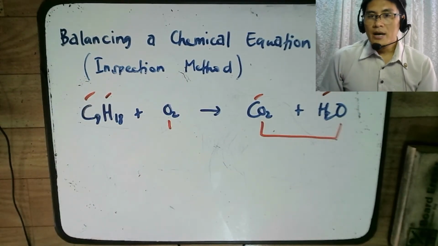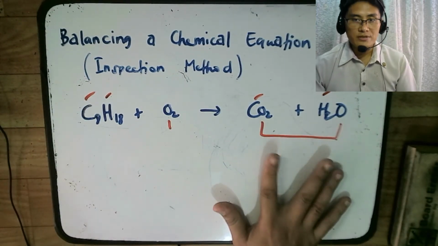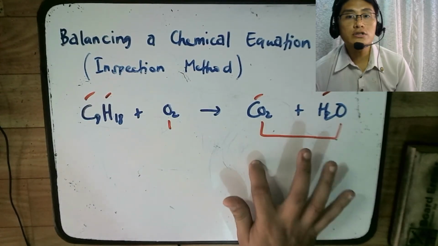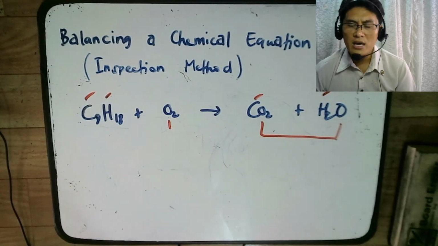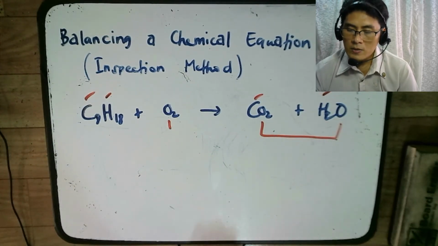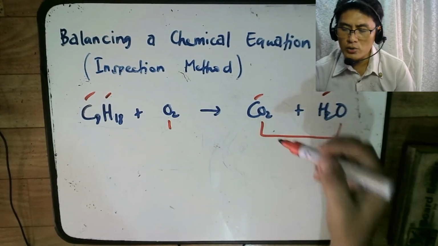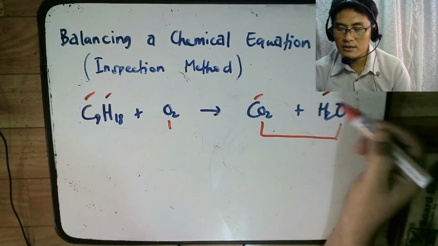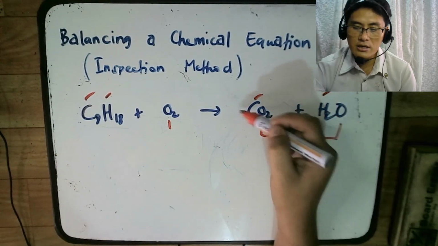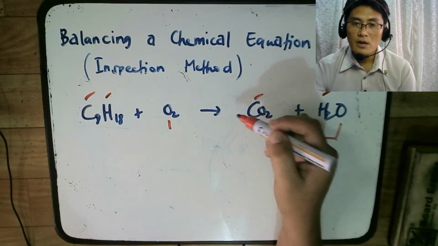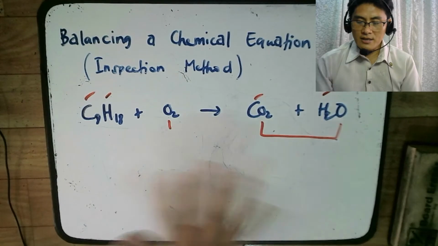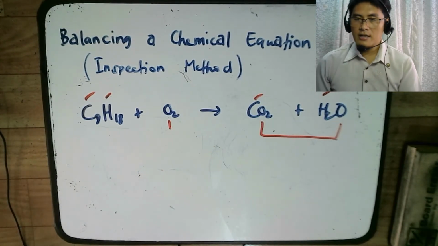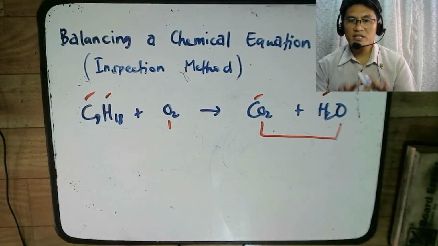What does that mean? It means that oxygen is troublesome, meaning it's difficult to adjust the oxygen. Why? Because, for example, you're adjusting the number. You don't know if you should adjust the coefficient of the second location, or you should adjust the coefficient of the first location. So in that case, always adjust the elements that are found in multiple places.